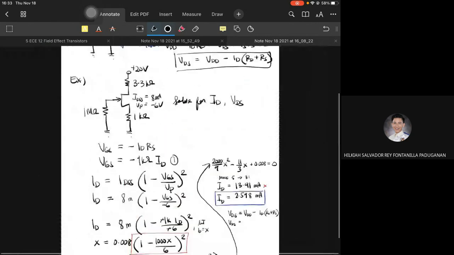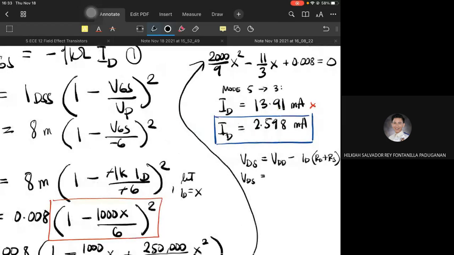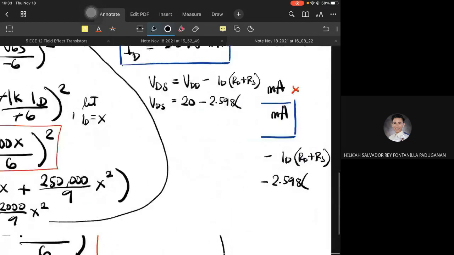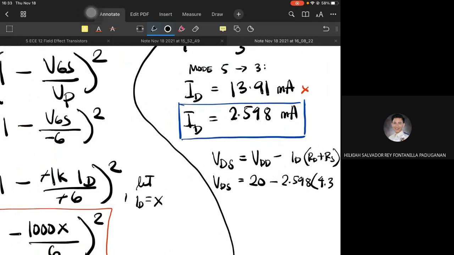VDD 20 minus 2.598 times RD plus RS, 3.3 plus 1, 4.3. So VDS is equal to 8.83.